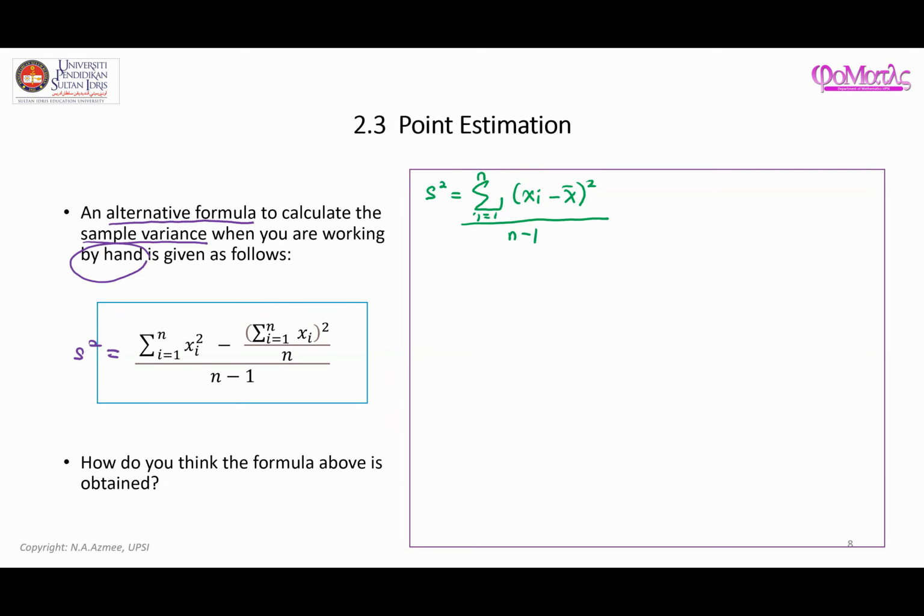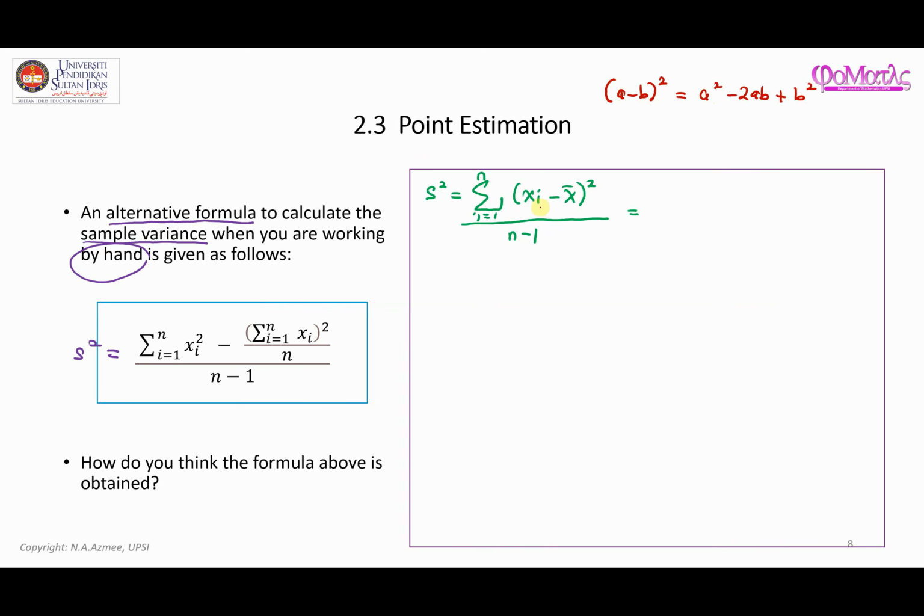Next, I'm just going to expand this part here. Okay, we're going to expand this part. Recall what you have seen in school, where if you have (a minus b) squared, it will be a squared minus 2ab plus b squared. So it's just expanding the term in the bracket here.